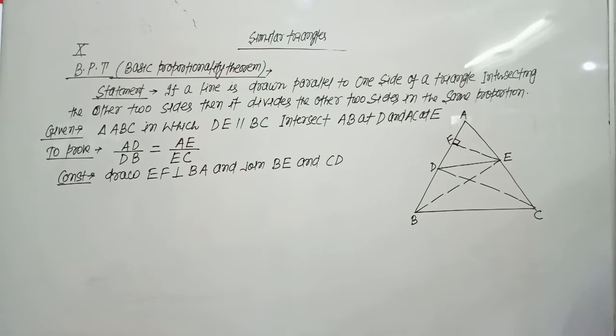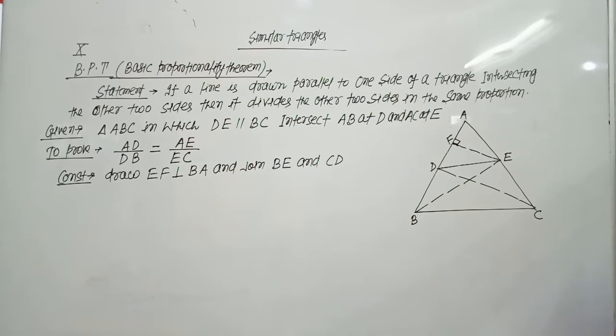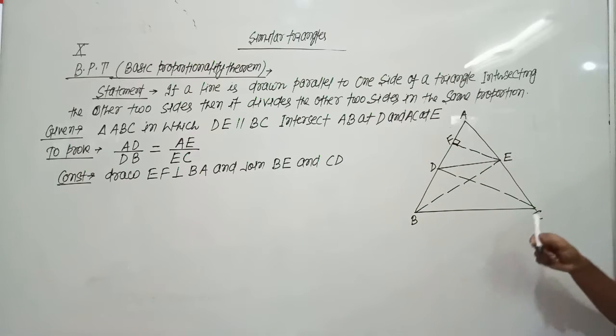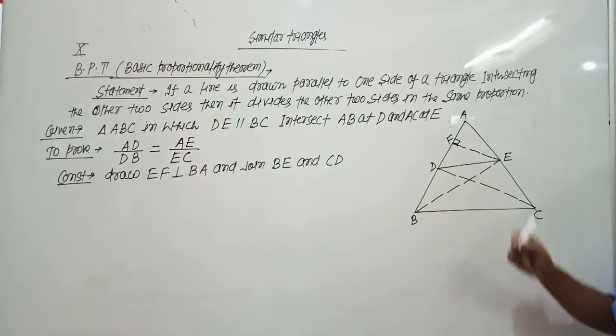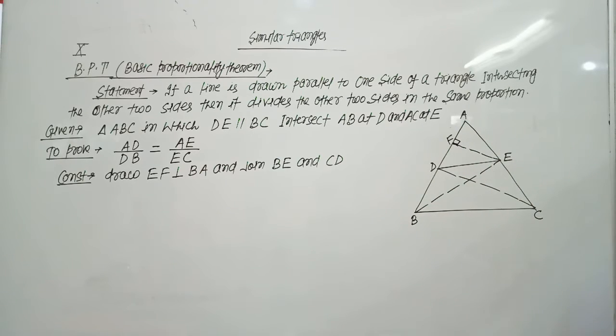So firstly, we'll have to write the statement. If a line DE is drawn parallel to side BC and intersects the other two sides at two distinct points, then the line DE must divide AB and AC in the same ratio.